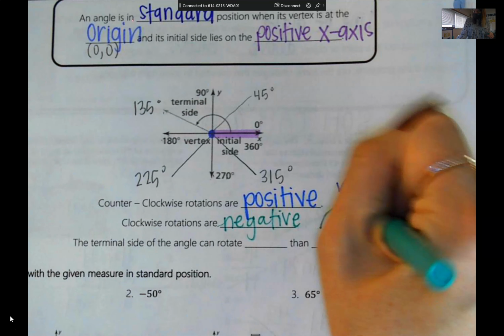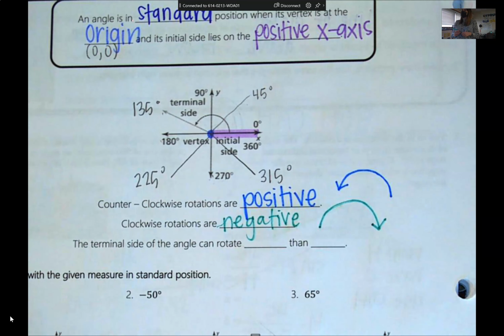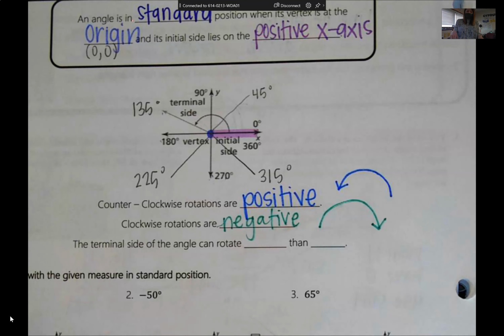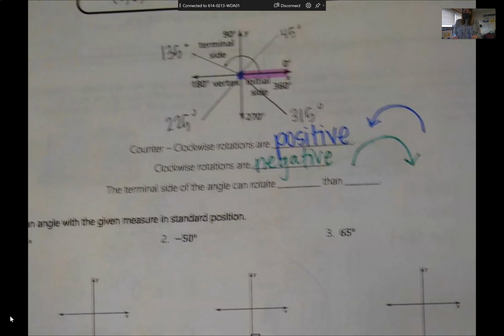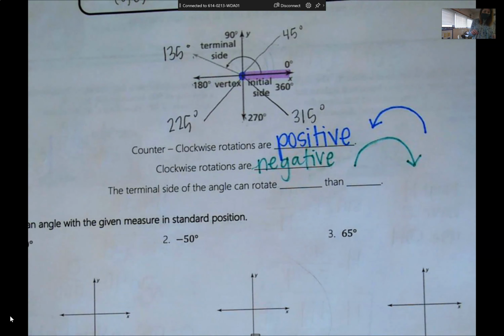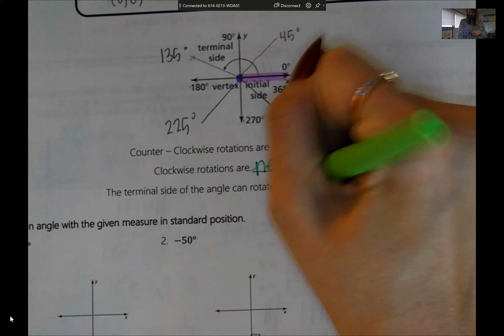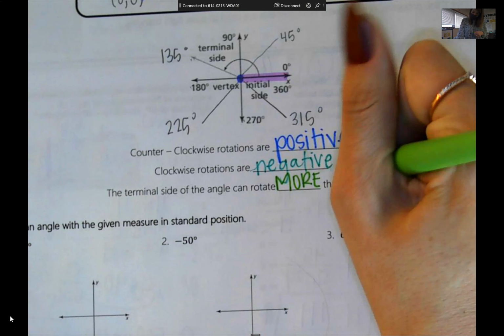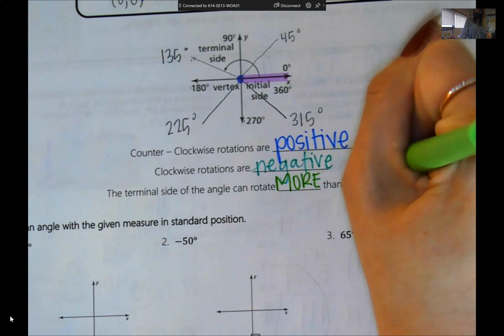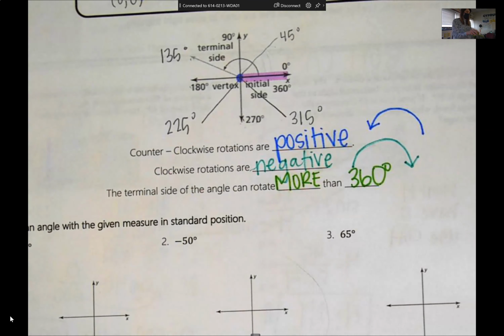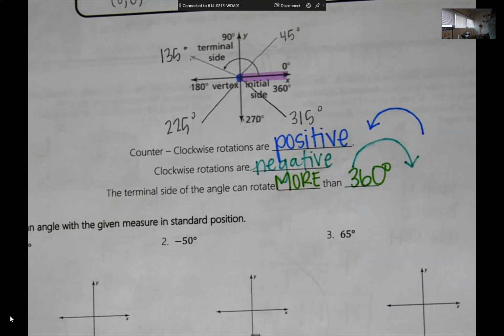So that's if they're going that way. And the terminal side, which I'll make more clear once we actually graph one of these, can rotate more than 360. So you can have an angle that's more than a full circle. You just keep going and make like a spiral.